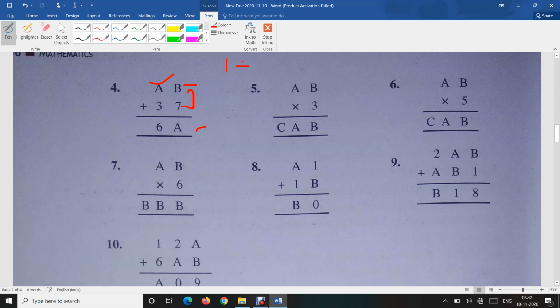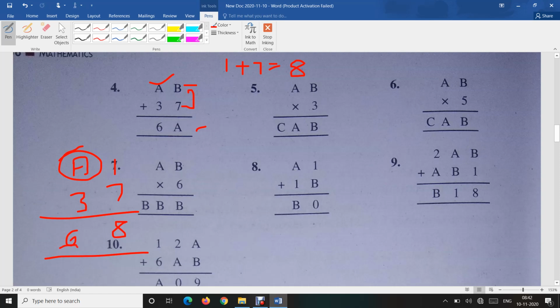If we put 1 at the place of b, then we will have 1 plus 7 is equal to 8. That means if we replace it as 1 7 3, then we should have 1 plus 7, 8, and here we don't have the value of a.